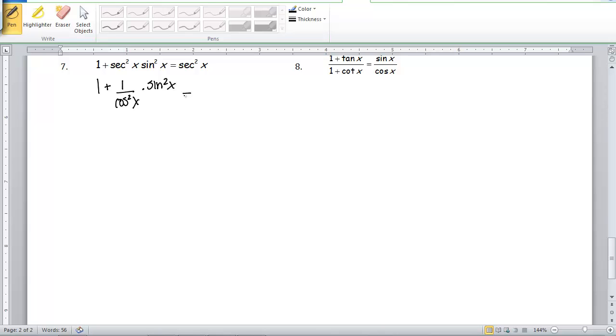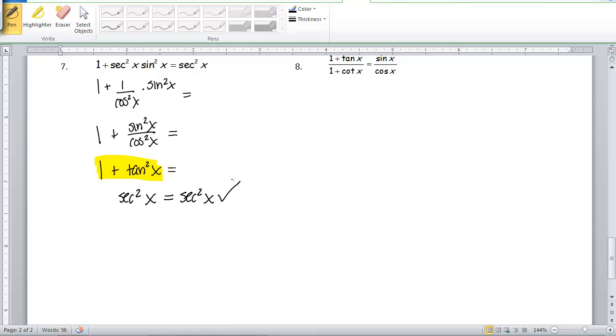And when I multiply that times sine squared, I have sine squared over cosine squared. If I use the quotient identity, that's the same thing as tangent squared. And then 1 plus tangent squared is another Pythagorean identity giving me secant squared, which is what we wanted.